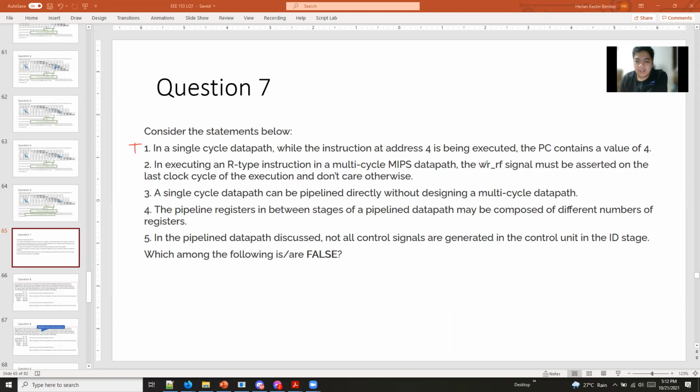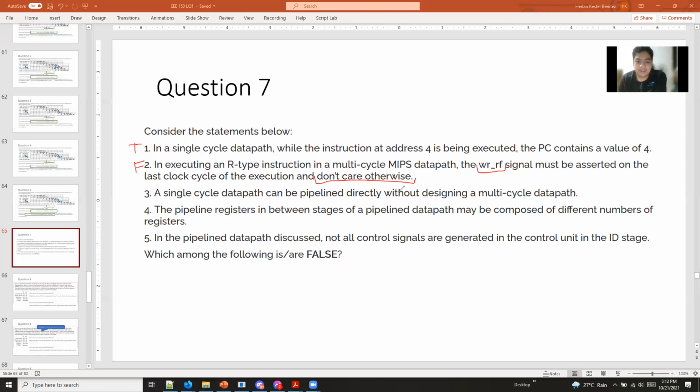Well, generally, pag meron tayong write na signal, usually meron tayong care kung 1 or 0 siya, kasi we might accidentally write or overwrite data. So hindi siya. Itong part na to ang main reason natin bakit siya false.